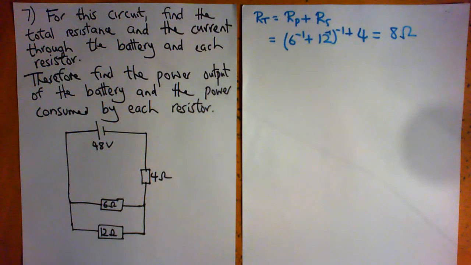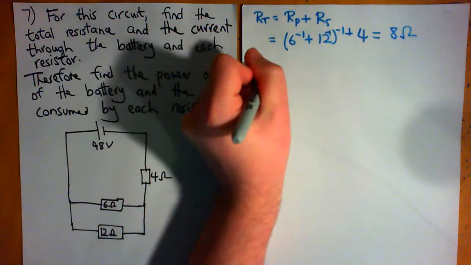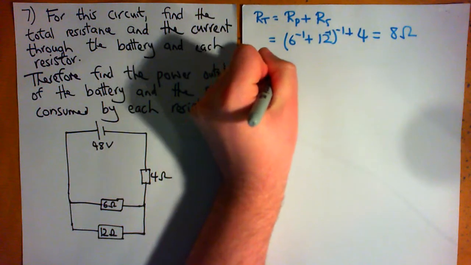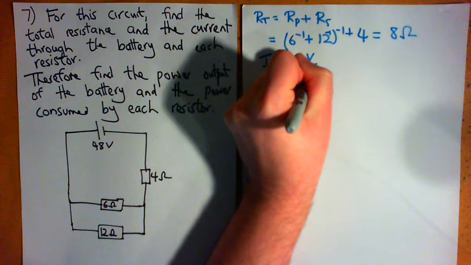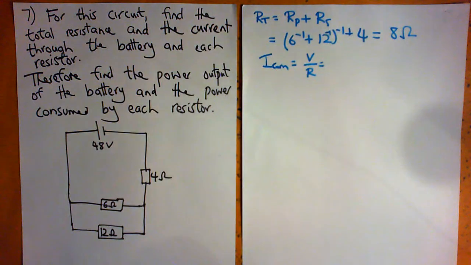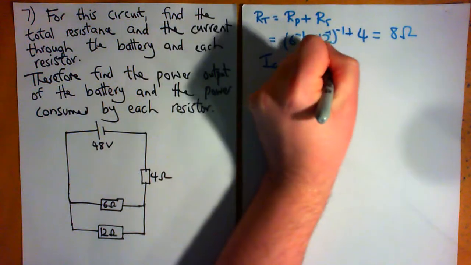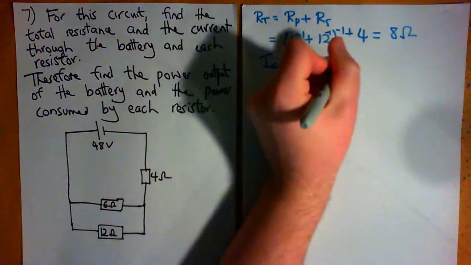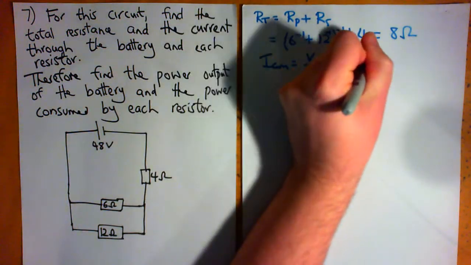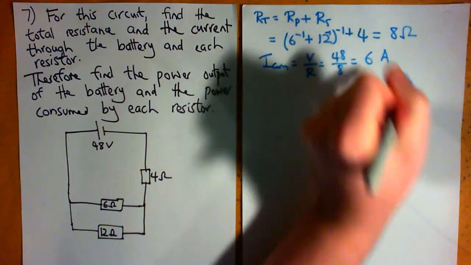So we've got the total resistance of the circuit so far. The next thing we need to find is the common current, in other words, the current through the battery. So I common is going to be obtained by, as usual, Ohm's law, V over R. The voltage of the battery is 48, and we're dividing that by the total resistance, which is 8 ohms, giving us 6 amps.